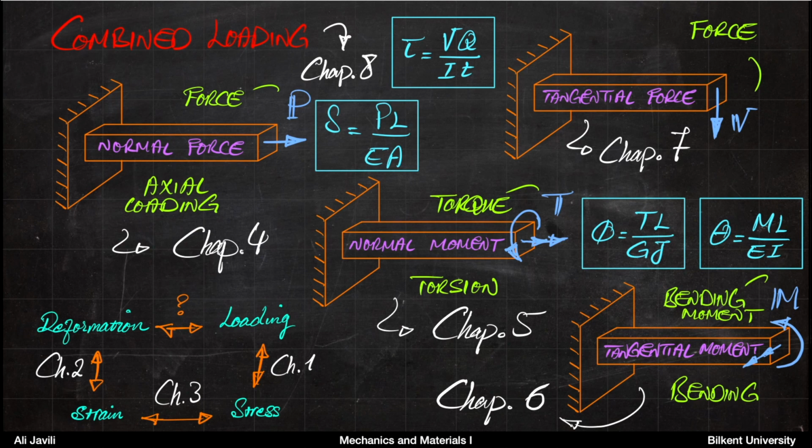So you can imagine if you have a problem which looks like a transverse shear, it may closely relate to a bending problem, for instance. Or in reality, you would have a combination of these cases happening together. That is the discussion that we will have in chapter 8, and we call that combined loading. But this slide should give you a very clear roadmap of what we have done in Mechanics of Materials 1, all the way from chapter 1 here to chapter 8.